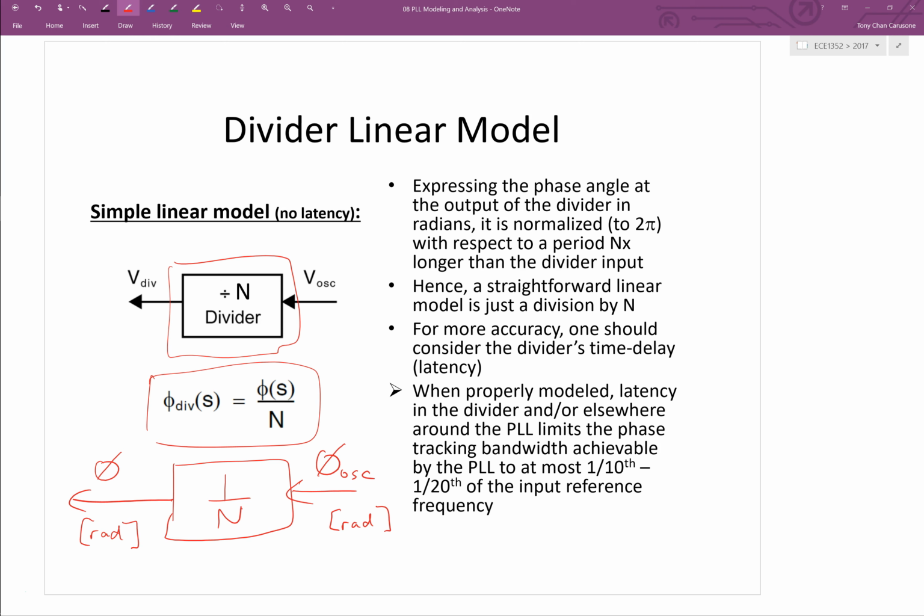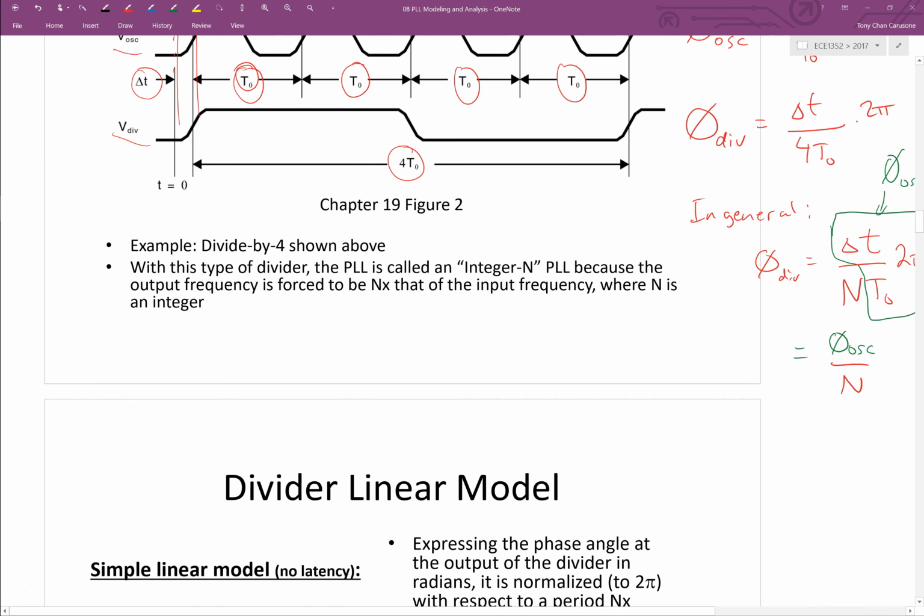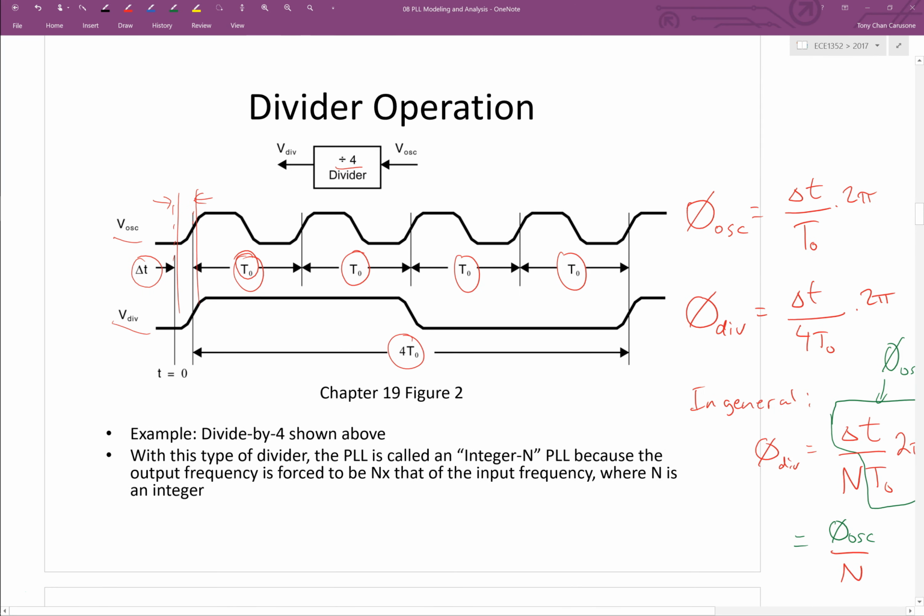So this is a simple model for the divider, where you'll notice that I said it was an ideal divider, so that there was no delay between the input of the divider and the output of the divider. That's obviously quite idealized. It's a simplification.